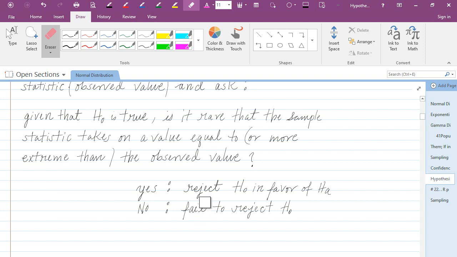So therefore, we should reject the null hypothesis in favor of the alternative hypothesis. And if the answer to this question is no, that is, that event is not rare, then it could happen. So we fail to reject the null hypothesis.